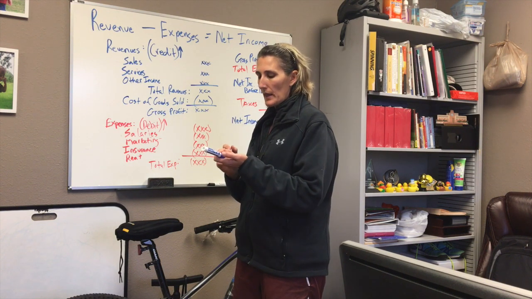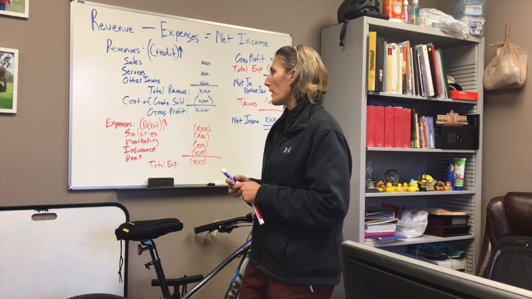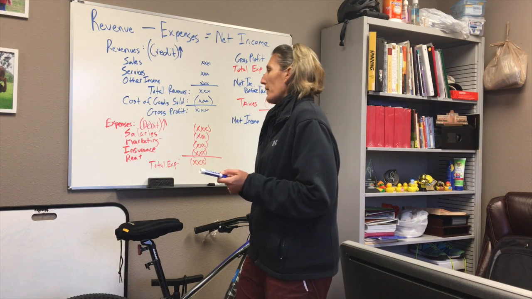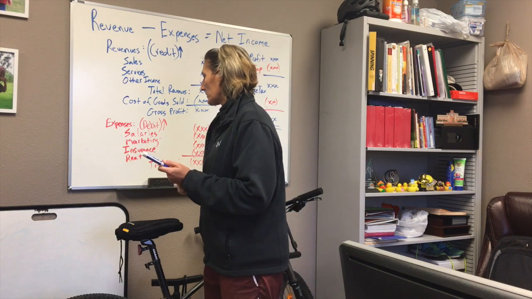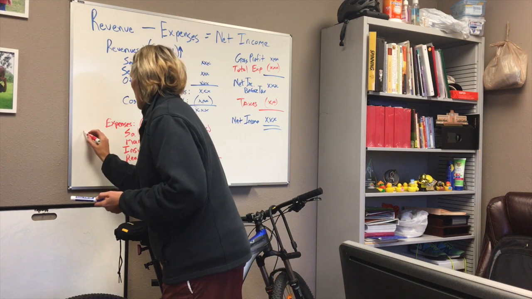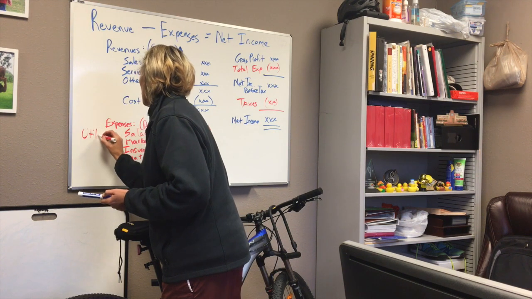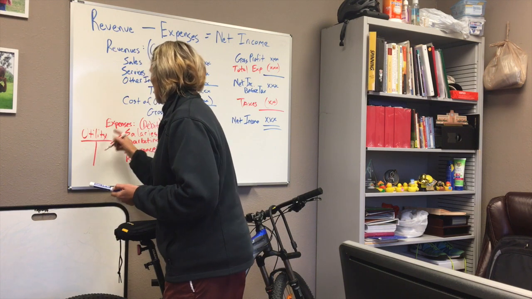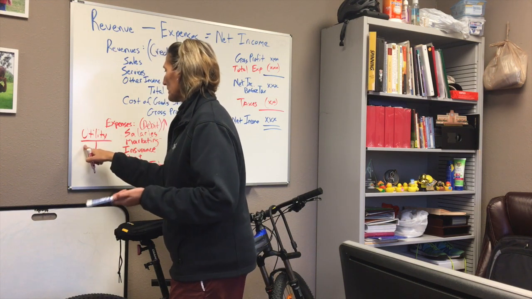It would be like, if I was maintaining my own records, every month I pay my utility bill. I would have a utility account in my general ledger. Because it's an expense, it's going to have a debit normal balance.